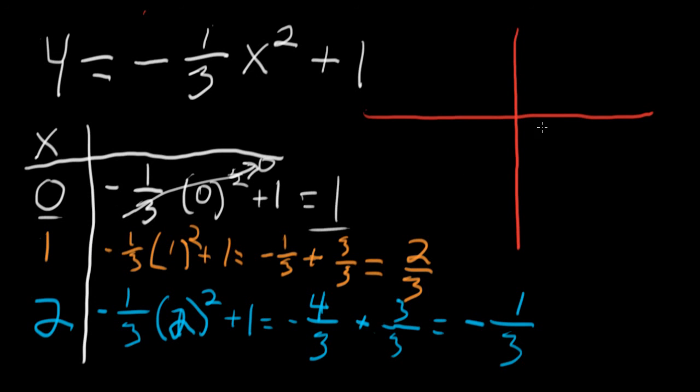Okay, if I go up here and I say this is 1 and this is 1, 2, and I say that this is negative 1. I've also got my negative 2, negative 1.